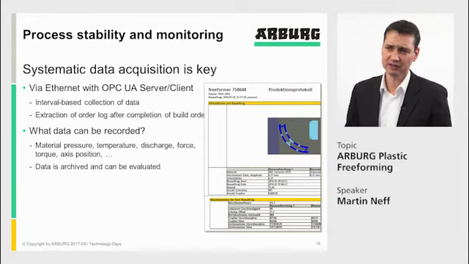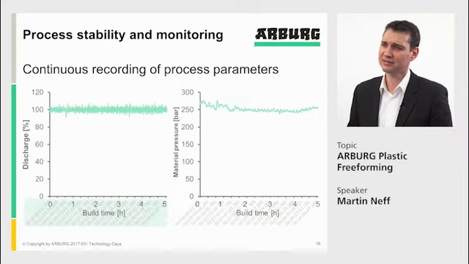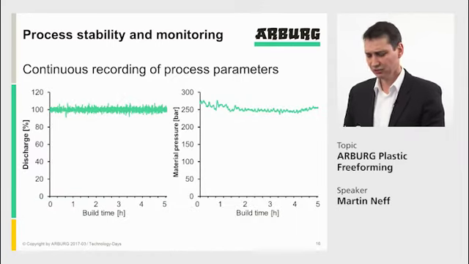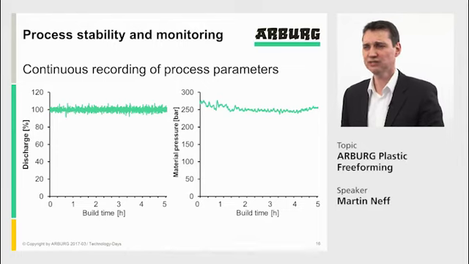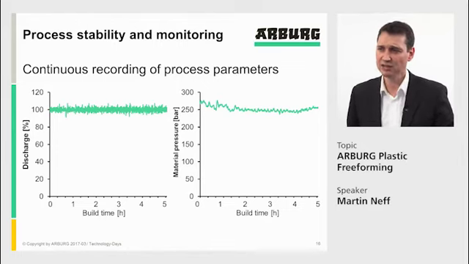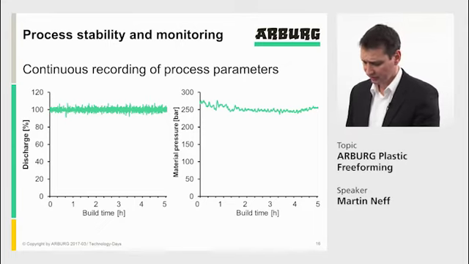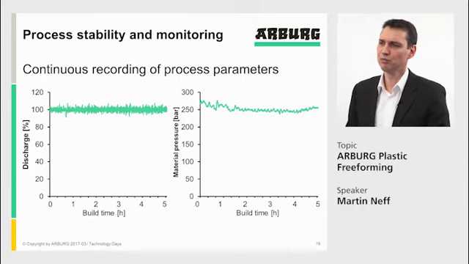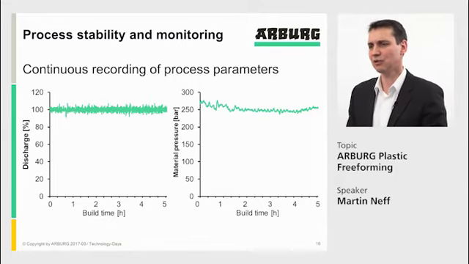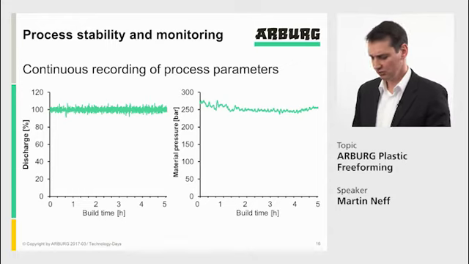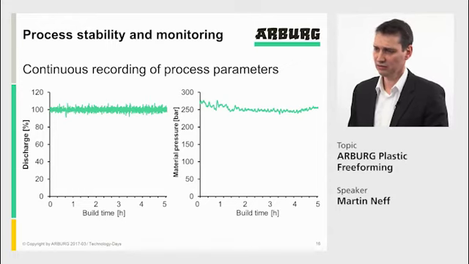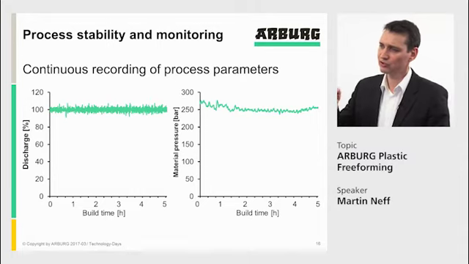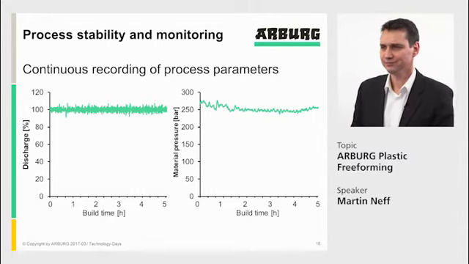We do that via OPC UA, server client based, and that gives us more data in regards of how stable the part is, where the weak spots of the part might be. What you see in this slide, for instance, is an example of the material pressure in bar compared to the discharge. So we see exactly whether it is in a range where we want to have it, or whether we have some features which are out of tolerance.